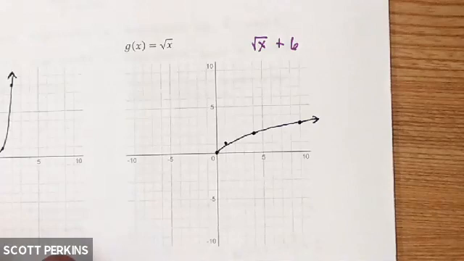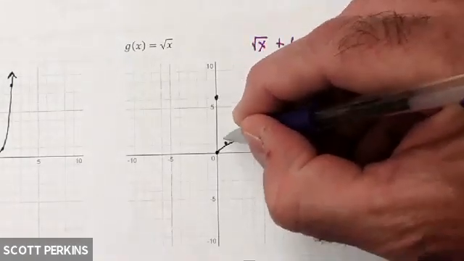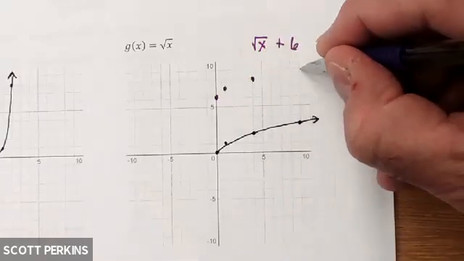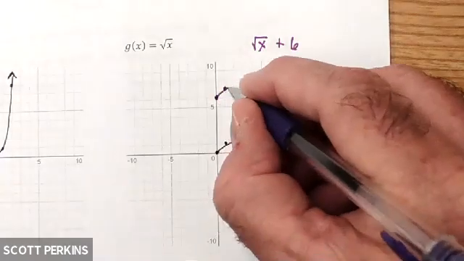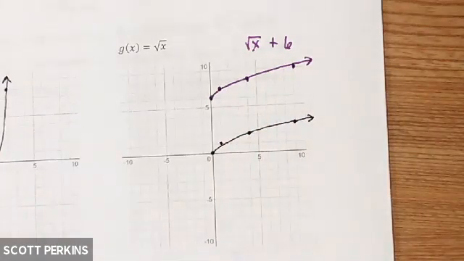So I'm just going to take my square root function, and we've got my 4 basic points that we graphed earlier in our time together. And I'm just going to move each of these points up 6 units. And there we go. Same shape as before. It's just been moved up 6.